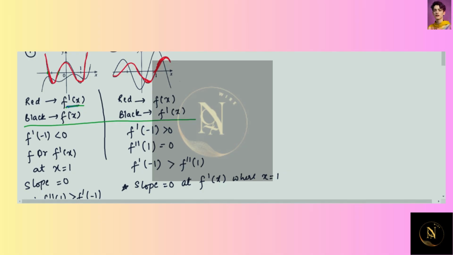It should be less than 0 here. Why? Because the y value is in the negative part, as you can see here. So that's why we are taking less than 0.